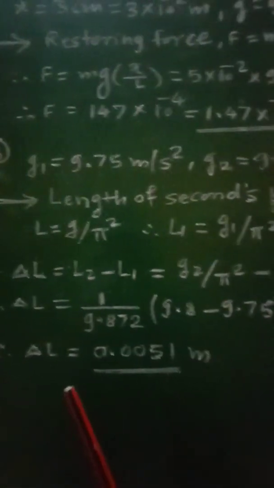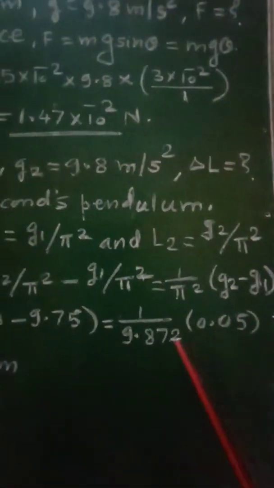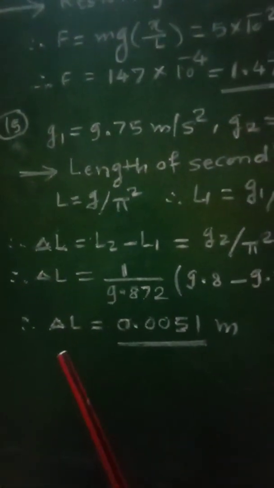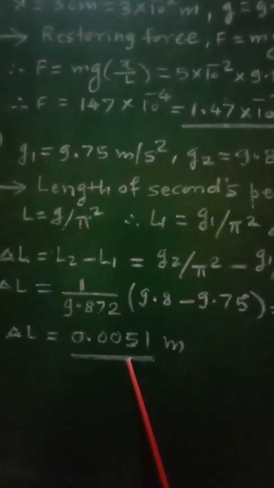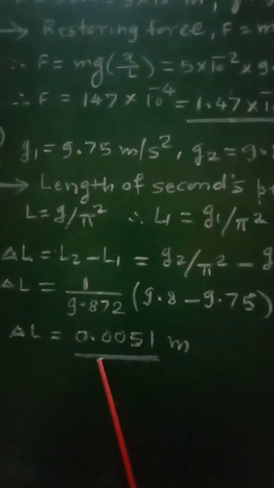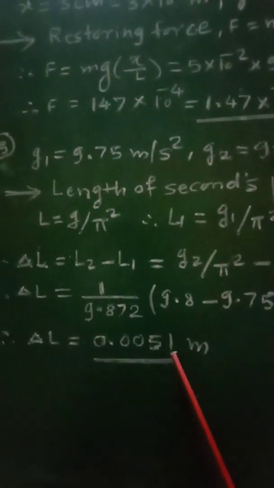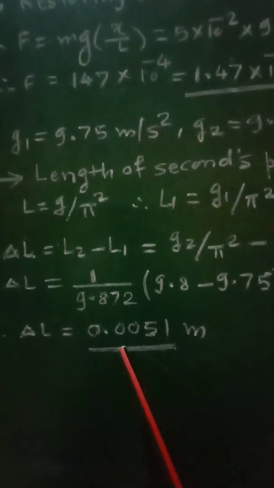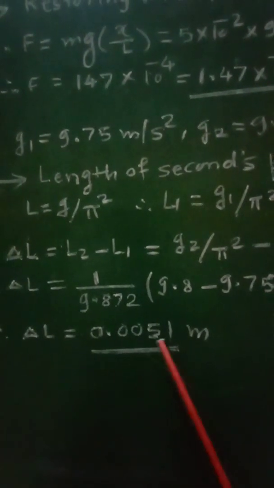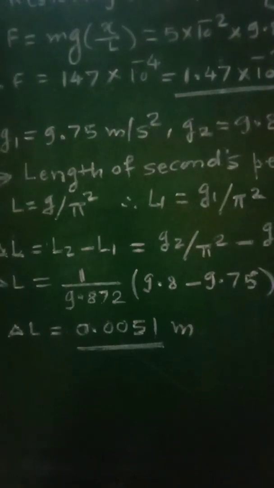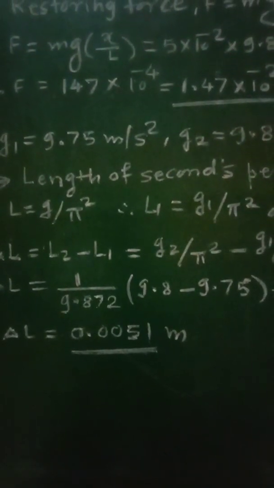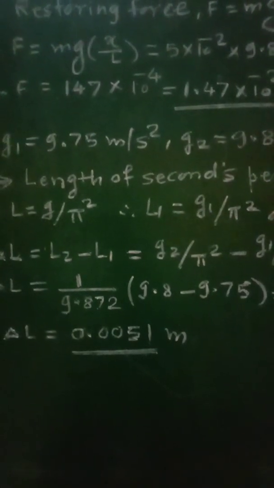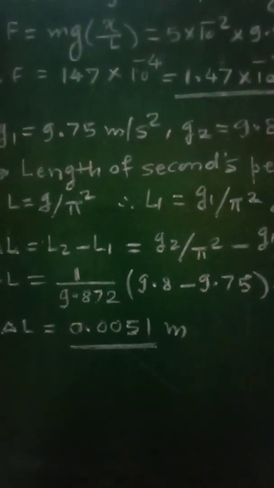If you calculate this quotient, then we will get delta L equal to 0.0051 meter. This will be the change in length of that seconds pendulum when acceleration due to gravity changes from 9.75 meter per second square to 9.8 meter per second square.